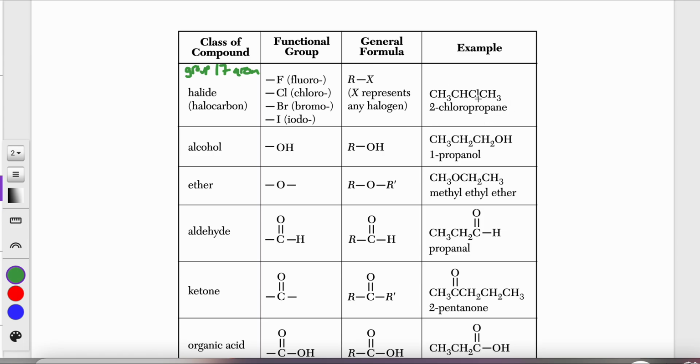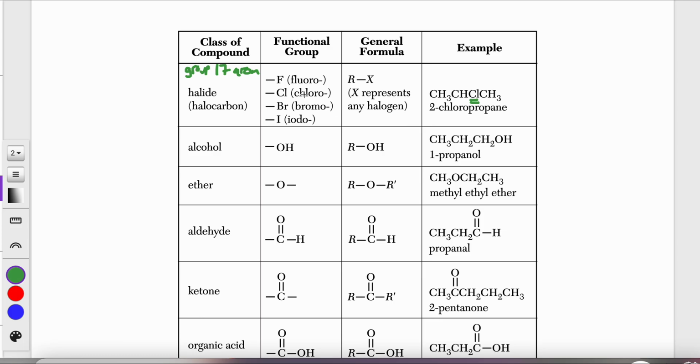Chlorine's probably the sneakiest one, so we can see it right there. And so we have an example here of the name. So we have propane, where we have a 3-carbon parent chain, single bonds, and we have a chloro attached to it. So chloro is the abbreviation for the chlorine, making it a halocarbon.